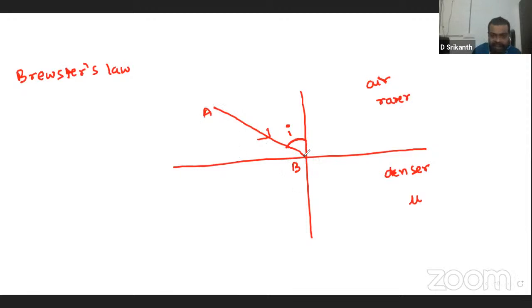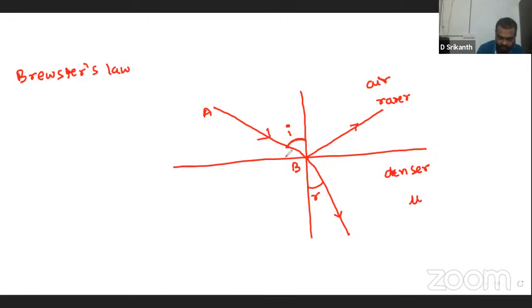Whenever a light ray is incident on an optical substance, what will happen? Since it is a wavefront, Brewster explained that some part of the light ray will get reflected, so we have a reflected wavefront and a refracted wavefront. Since the light ray is moving from rarer to denser, the refracted ray will move towards the normal.